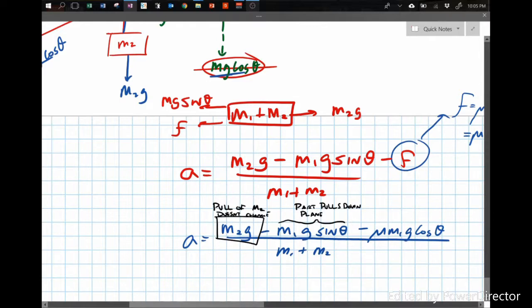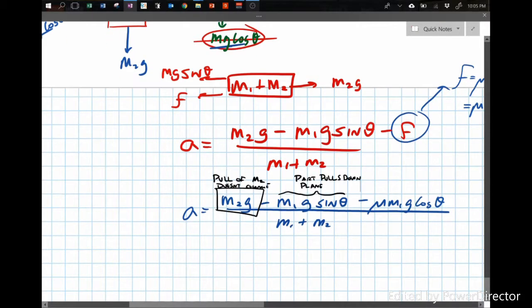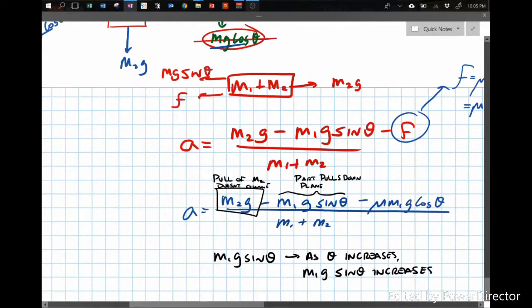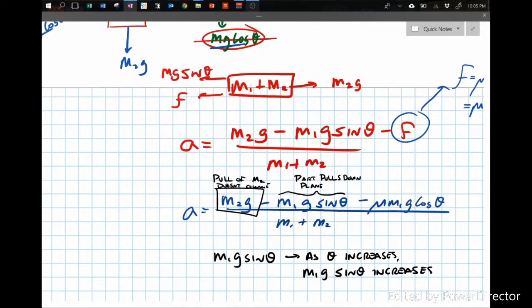This is the part that pulls down the plane. Okay, so as the angle increases, m1g sine theta increases. So that pulls harder against mass 2 as the angle goes up.